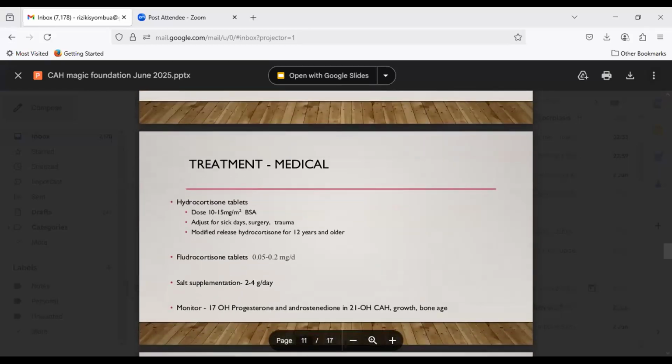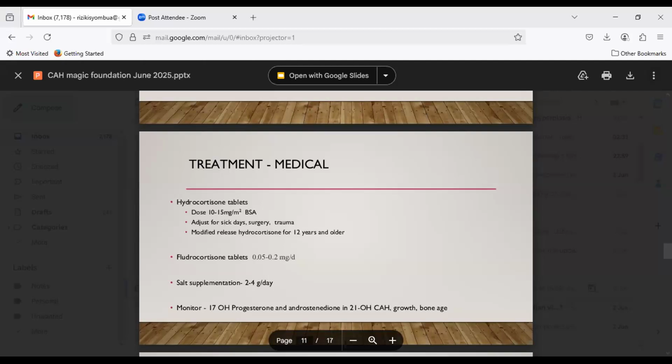In terms of treatment, hydrocortisone is what we use. Remember, we say the disease is a deficiency or inability to secrete cortisol. So hydrocortisone would stabilize, and the way it works is that once you replace the cortisol, you'll also send a feedback mechanism to the pituitary and hypothalamus, and the ACTH levels will go down, and therefore the excess production of either androgens or mineralocorticoids will subside.